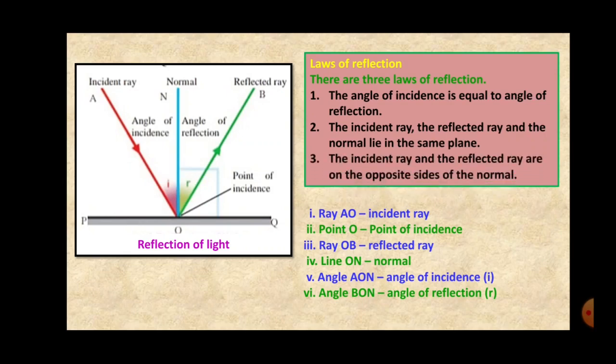Now the third one is that the incident ray and the reflected ray are on opposite sides of the normal. They are always on the opposite side of the normal: the incident ray is on one side and the reflected ray is on the other side. So these are the laws of reflection.